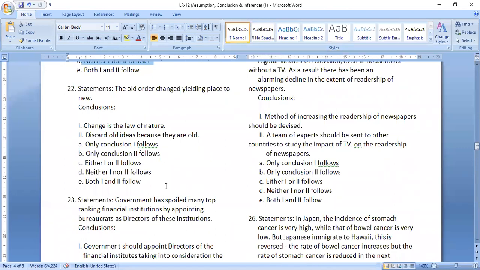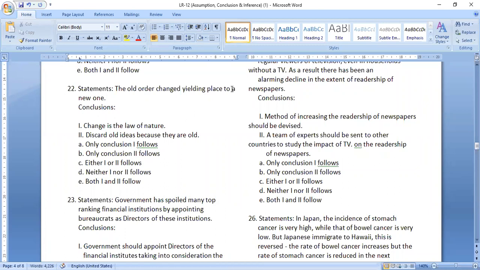Right. So statement two: the old order changed, yielding place to new. The old order changed, yielding place to a new one. Okay.